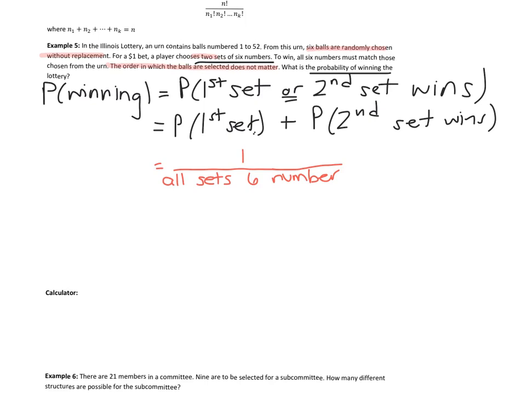That's the probability of winning. And same thing with the second probability, the probability that the second set of 6 numbers wins. Well, that means your set of 6 numbers is the event. So there's one in that event. The sample space is all possible combinations of 6 numbers.